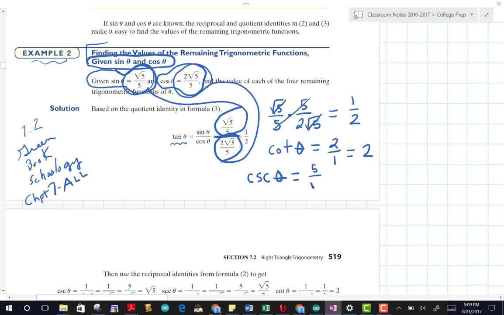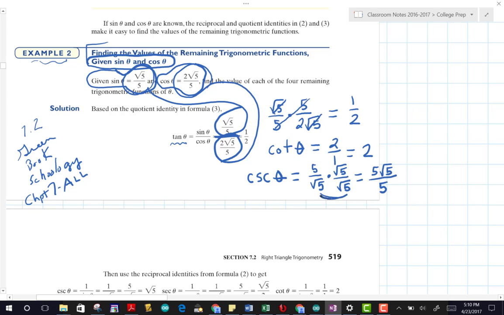So what that means is you want to multiply this by the square root of 5 over the square root of 5. I think we've done this before. This one will have 5 times root 5 over 5, because remember square root 5 times square root 5 is just 5. These 5's will cancel, and that'll end up being root 5.